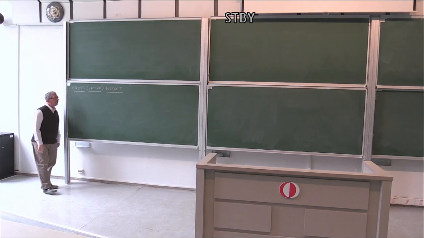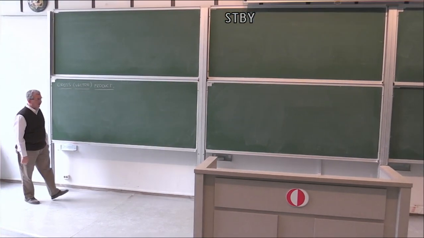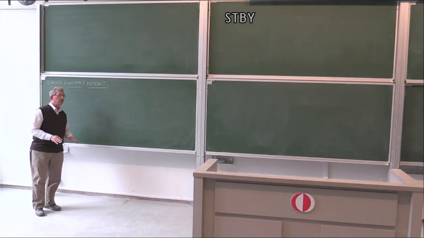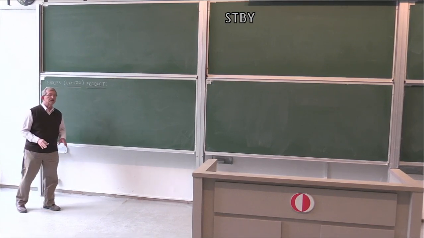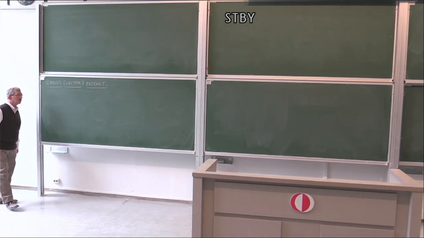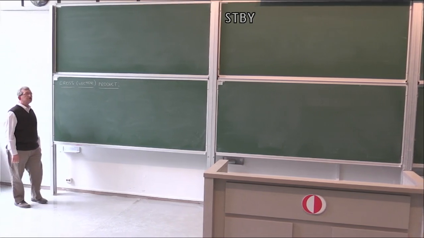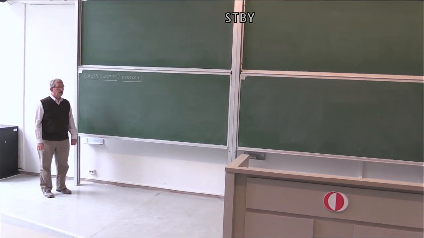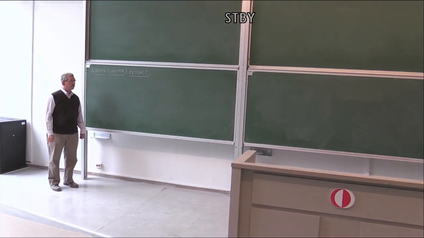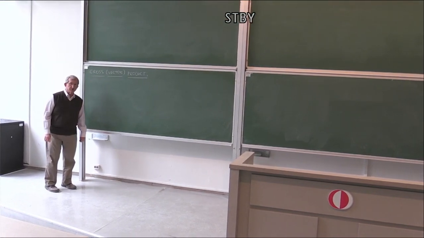We will be defining the cross product only for R2 and R3, and so we will be needing some knowledge on determinants, which means that we have to say a few things about matrices.